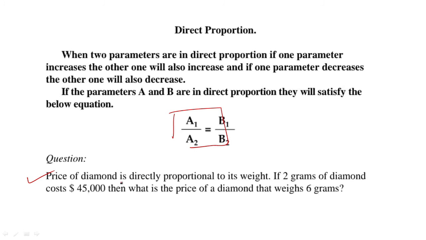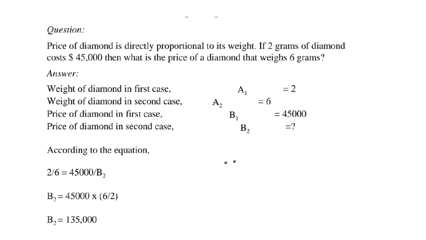So price is directly proportional to weight. Price is one quantity and weight is another quantity. If 2 grams of diamond cost 45,000, then what will be the price of 6 grams? It seems to be a very easy problem. We just write the formula a1 by a2 is equal to b1 upon b2.